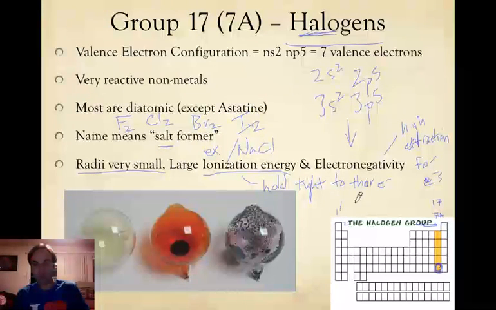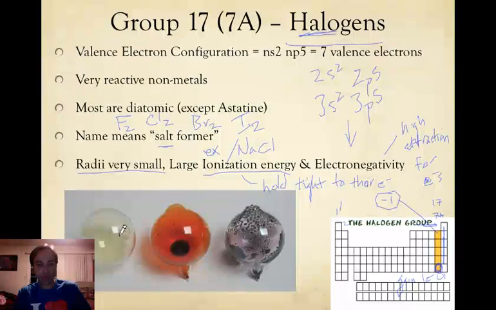They don't want to lose the ones they have, and in fact they love to gain electrons. Makes sense because they're right next to the noble gases. If they gain 1 electron, all of a sudden they have their octet. So halogens are typically going to form a charge of -1 because they want to gain 1 electron to get that octet.